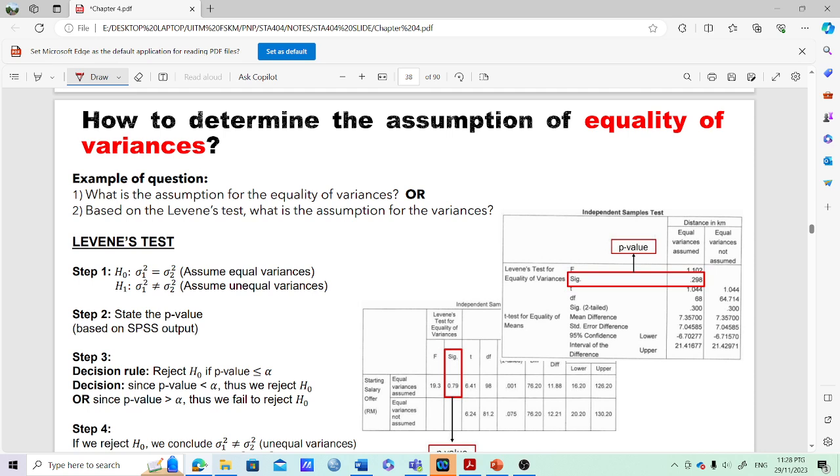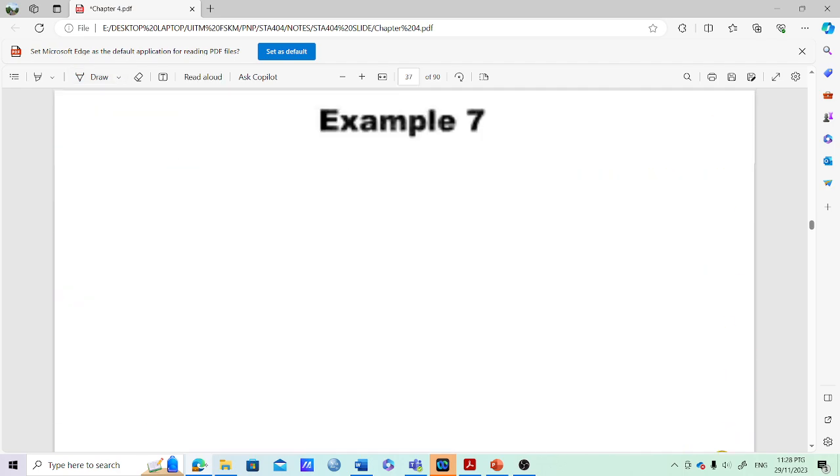That's why we conduct the Levene test. If the Levene test shows equal variances, then we proceed with case number 3. But if the Levene test shows unequal variances, then we should proceed with case number 4.